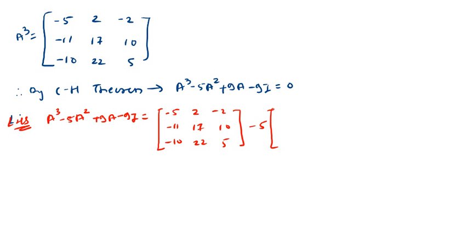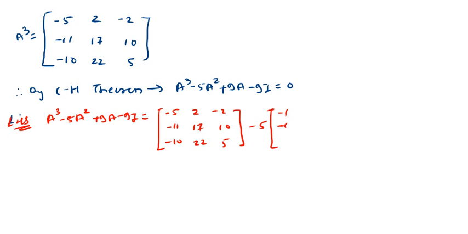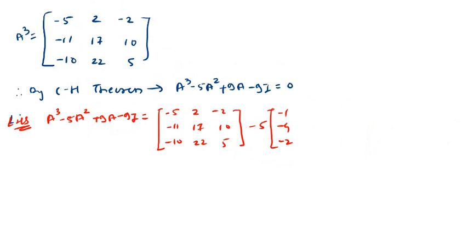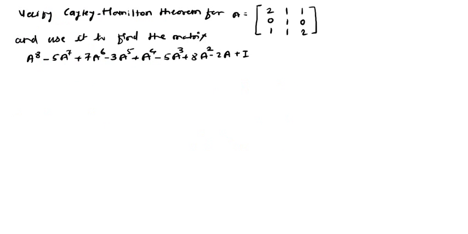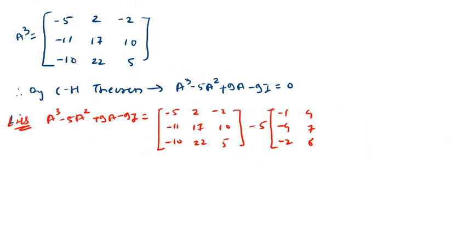And what is A square? A square's first column is minus 1, minus 4, minus 2, second column is 4, 7, 8, and the third column will be minus 4, 2, 1, plus 9A.